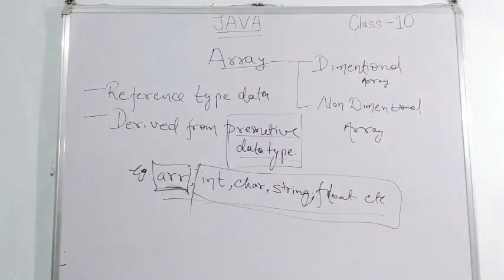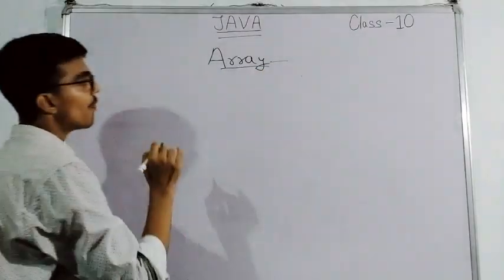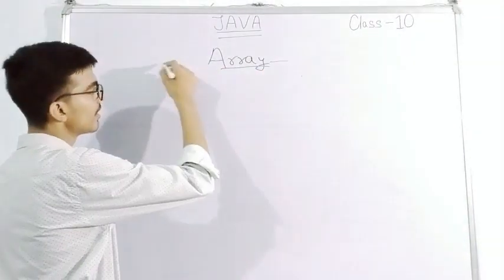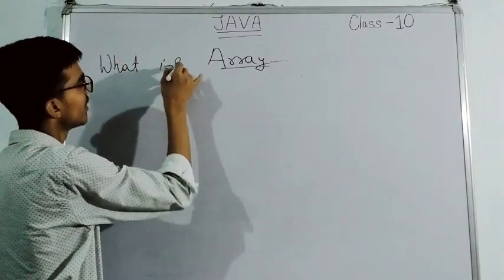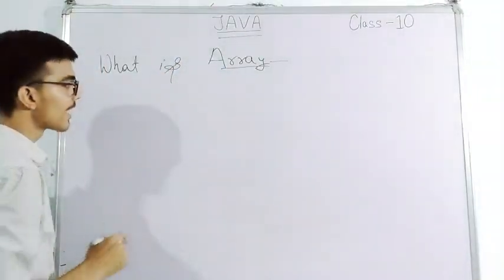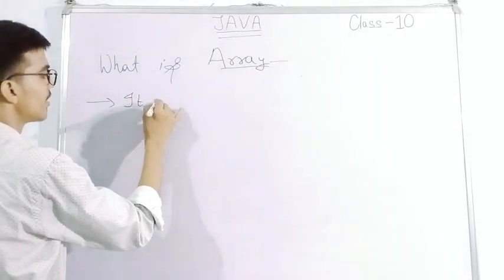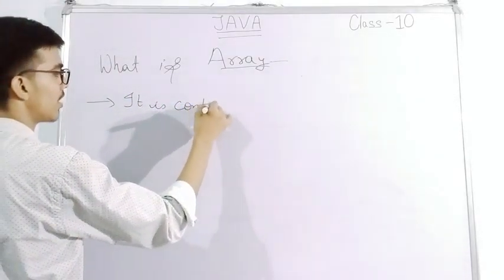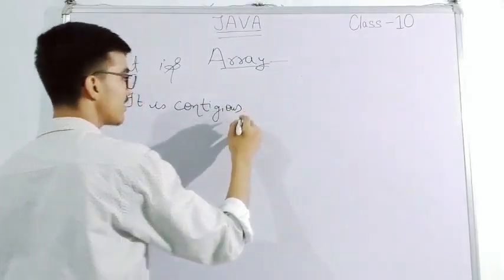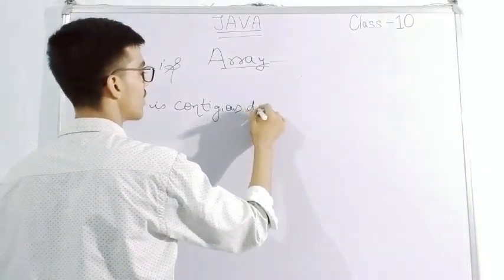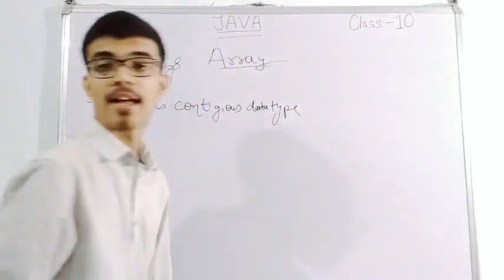Copy down till here. As we are talking about array, what is array? If there will be a question, what is array, what will we write? It is contiguous.